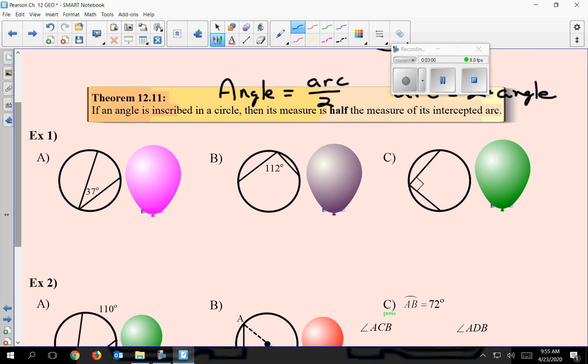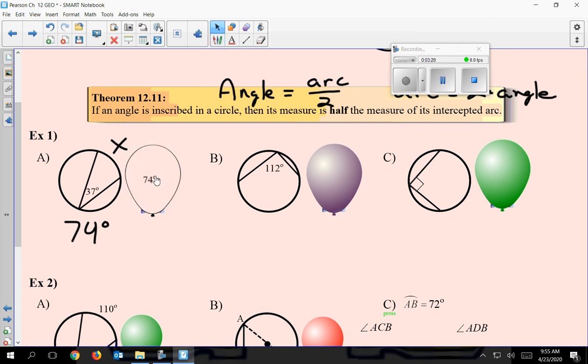Example 1, they're giving me the angle, but they want me to find the arc. If you go back to those rules, I have the angle and I need the arc, so I have to double the angle. I'm going to double 37. When I do that, I think I get 74 degrees. Let's see what the balloon says. And we do get 74 degrees, okay?